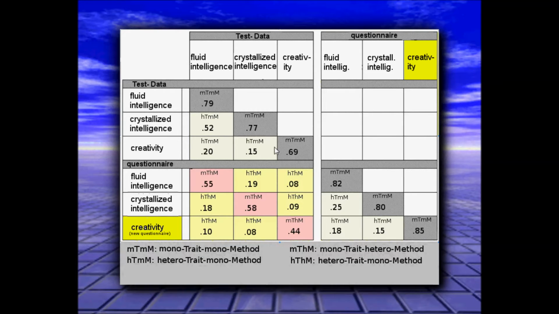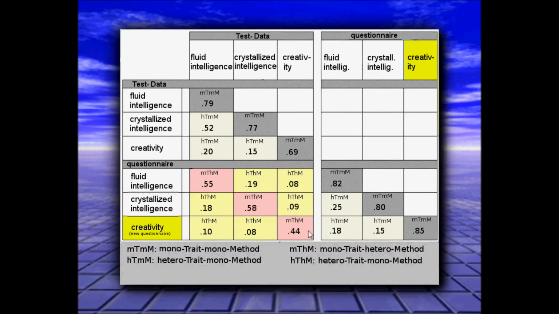They are not as high as the reliability coefficients, which is quite normal. By the way, if they were of the same height, this would mean that there's no influence of the method on measuring the construct. No matter if you measure with a questionnaire or with a test, you always get the same correlations.